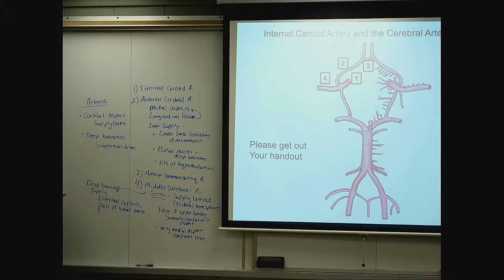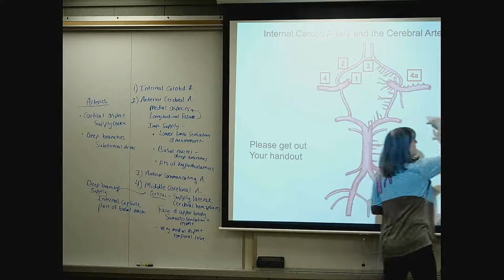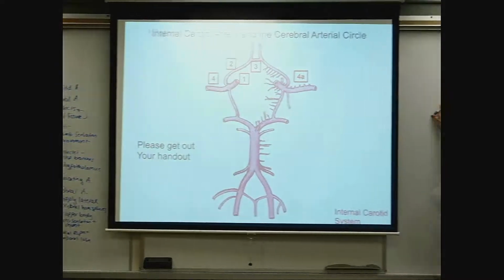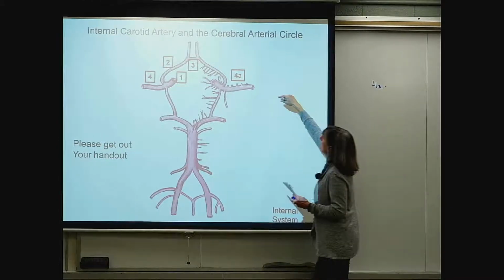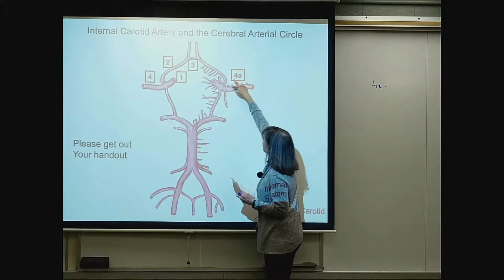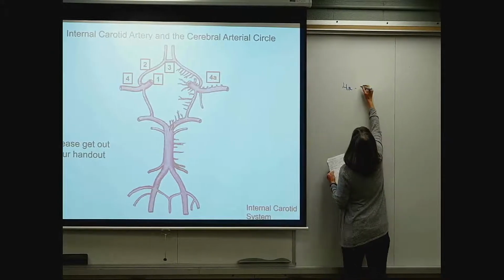Coming off of number 4, you can see over here is 4A. Okay, so 4A. So these are these little branches that are coming off here. And these are lenticulostriate arteries.